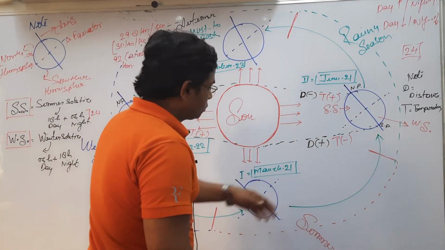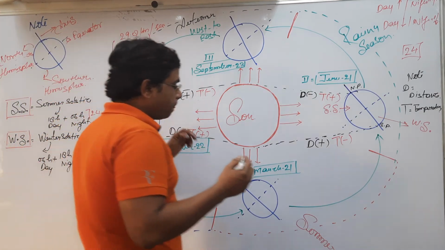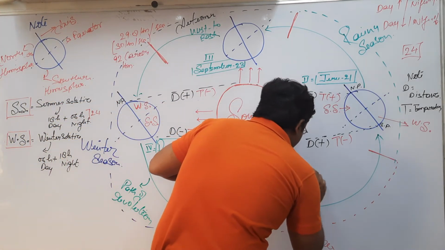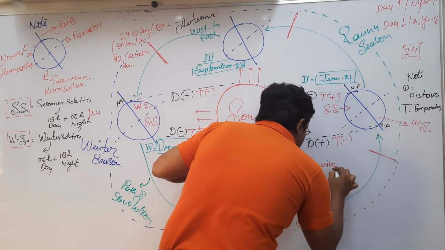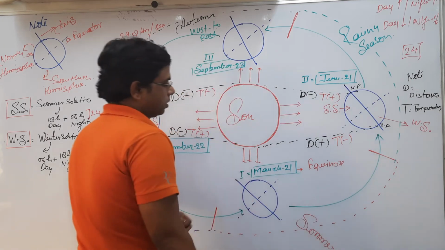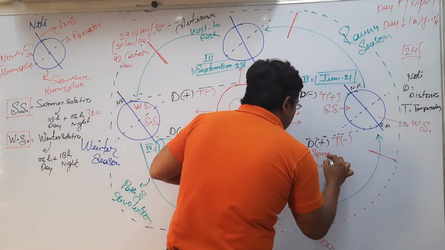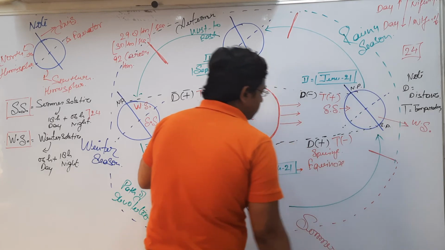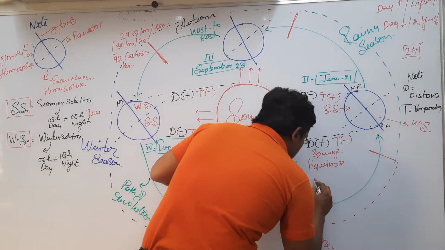So on the 21st of March, when we are having the equinox, this equinox is known by the name of spring equinox. And what is the equinox?